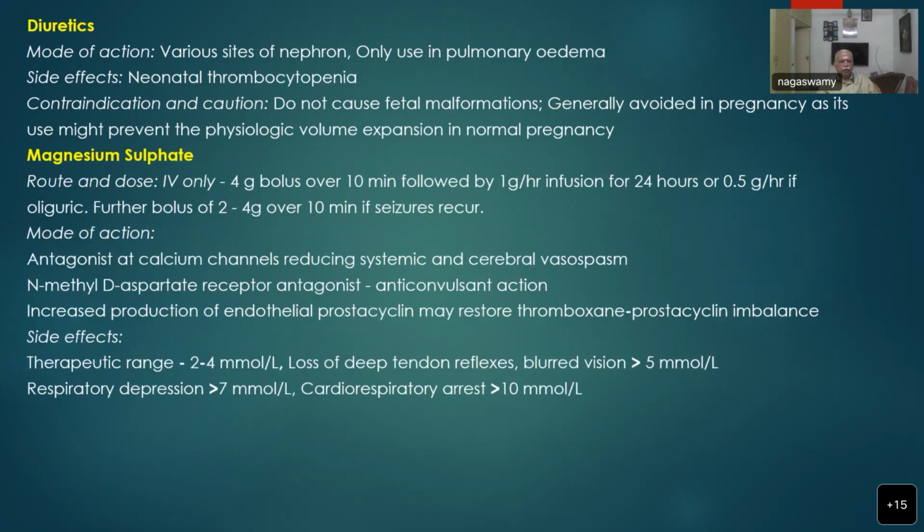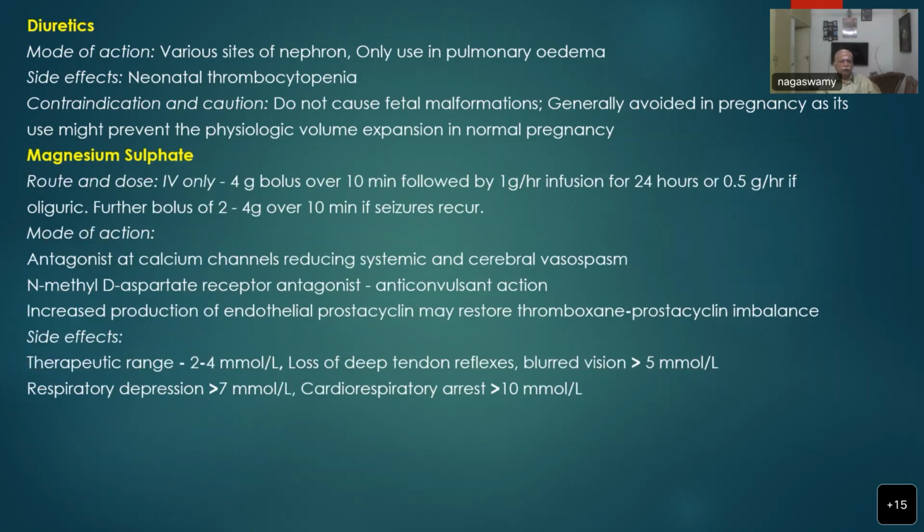Examiners are very fond of asking all the details, like the mode of action. It is an antagonist to calcium channels, reducing systemic and cerebral vasospasm. NMDA receptor antagonism is also there, which is the main reason for the anticonvulsant action. Increased production of endothelial prostacyclin restores the thromboxane-prostacyclin imbalance.